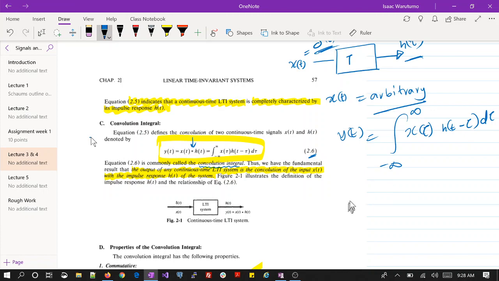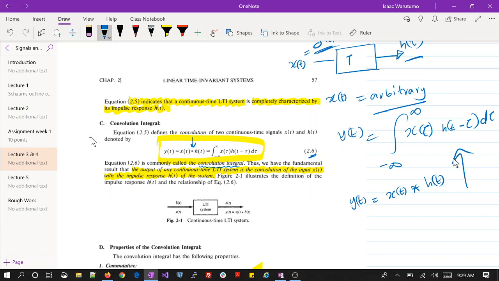So y of t can always be described as x of t convolved with h of t, and that is the definition of the convolution integral in continuous time domain, as seen in equation 2.6.